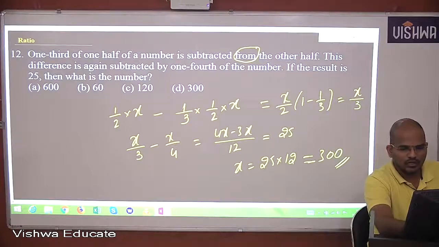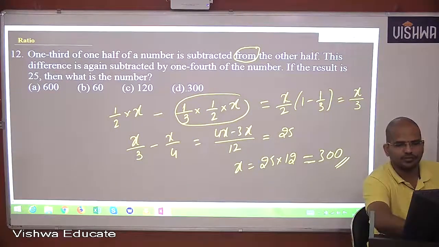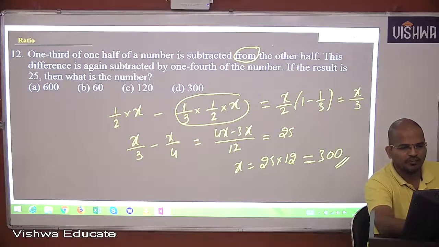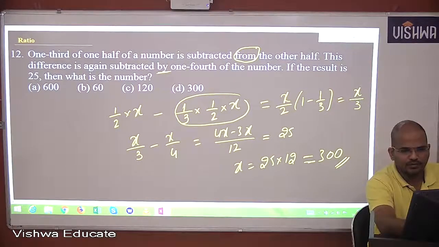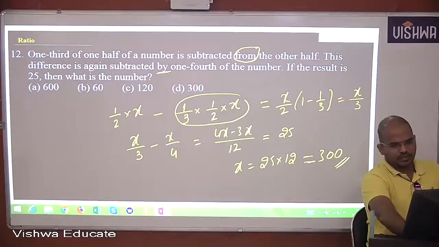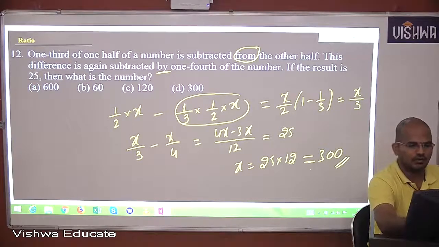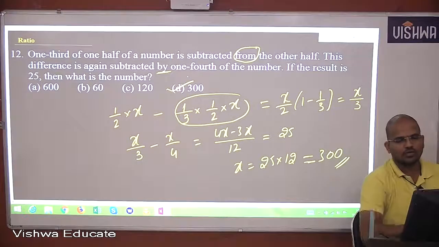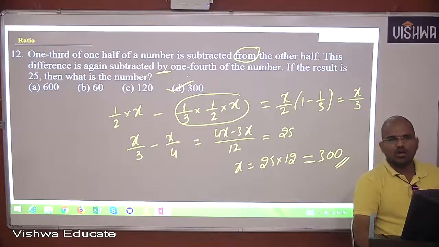So this is subtracted from the other half. This difference is again subtracted from 1/4. So x by 3 minus x by 4, that is 4x minus 3x by 12, is 25. So the answer is 300. A little confusion was there, now it's not there. I hope it is clear to you now.